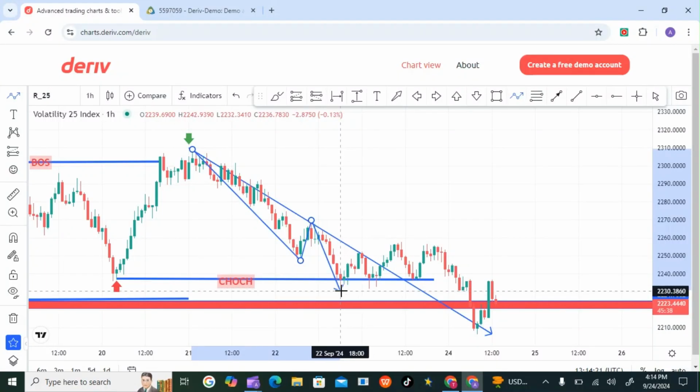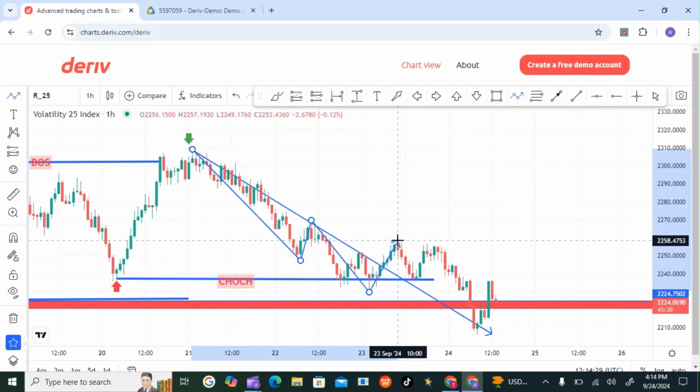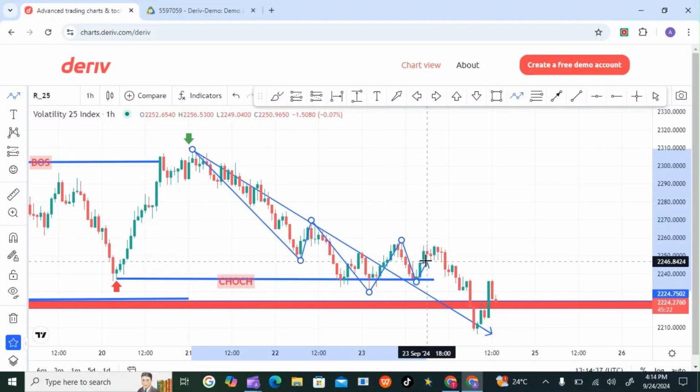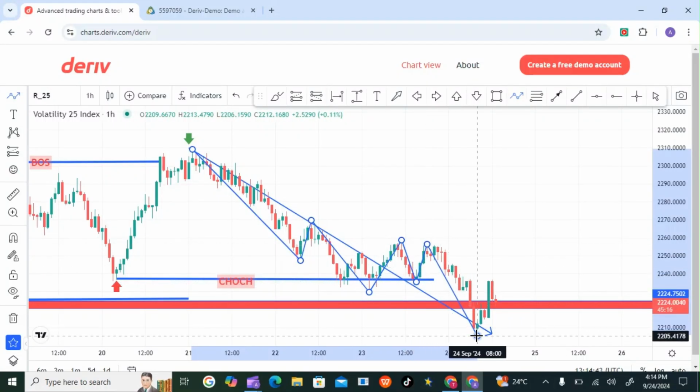So then we come back, this one does not qualify to be a lower low, so we will come to there. Then that's what creates a higher low. And then does this qualify? Yes, it does. And then we go up.